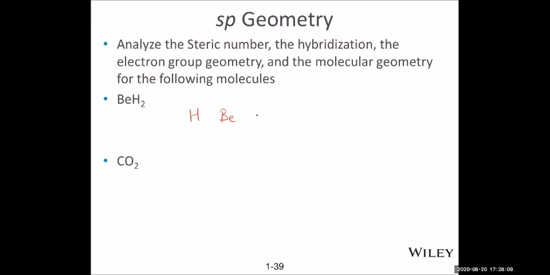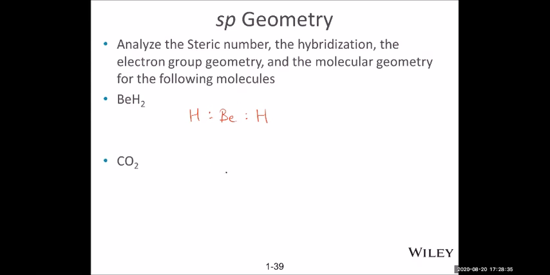When it forms bonds with hydrogen, because of the high electronegativity of beryllium, it actually forms a covalent bond with the hydrogen, which will make the beryllium have 2 electron groups, and that gives sp hybridization. The bond angle is 180 degrees.